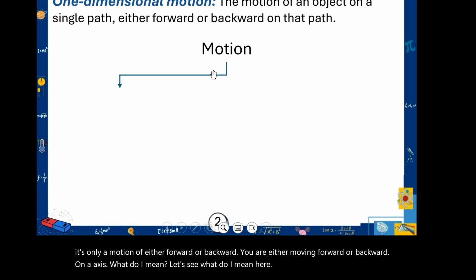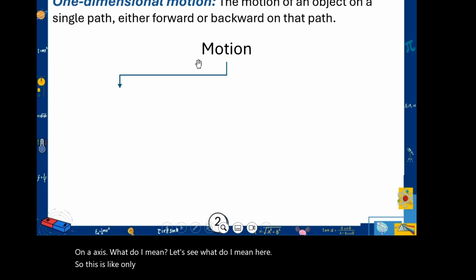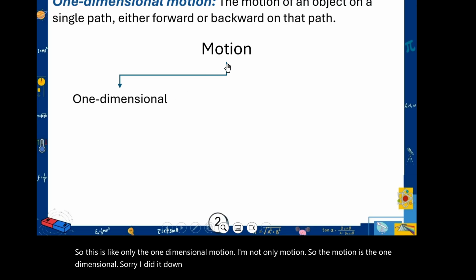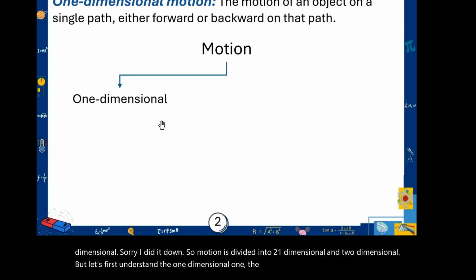This is only the one-dimensional motion. I wrote only motion. So motion is divided into two, one-dimensional and two-dimensional, but let's first understand the one-dimensional one. As we said, it's either forward or backward.